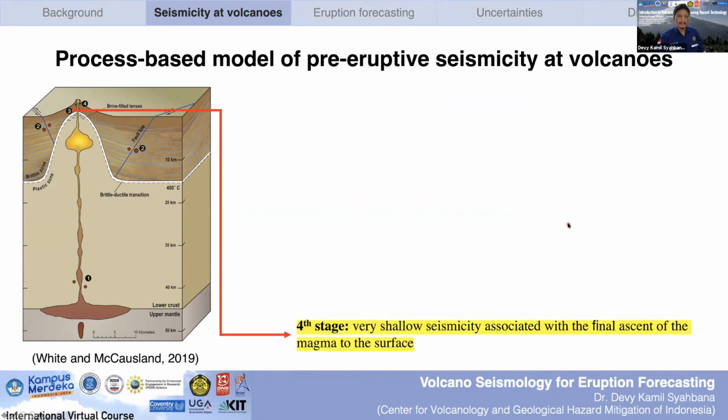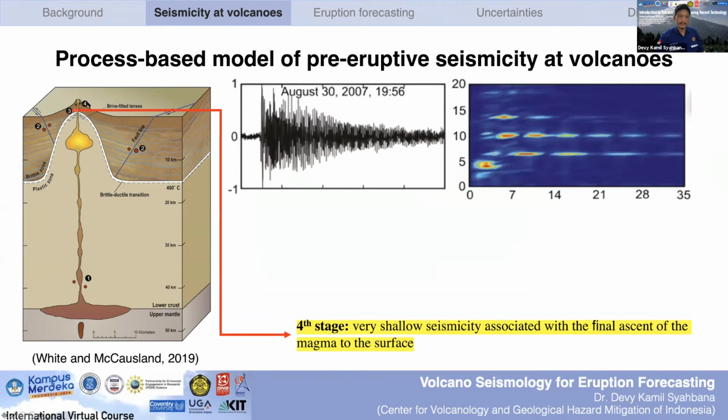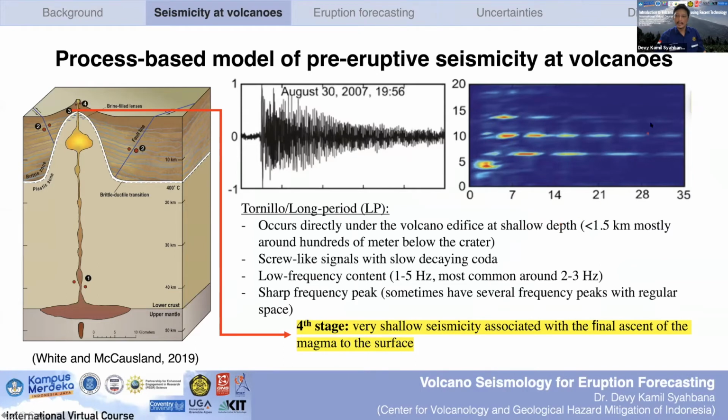And still in the third, no, it's a fourth stage. Okay, it's a mistake. Sorry. So it's a fourth stage. So the fourth stage is the one that is really near to the surface. So in the beginning, we have like tornado. I think I have this.